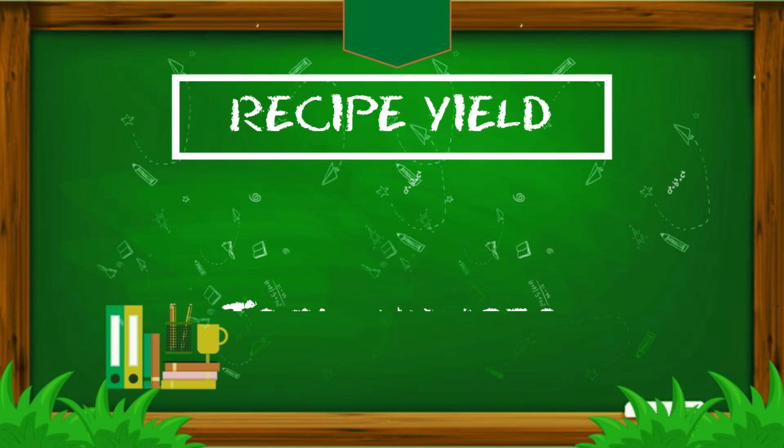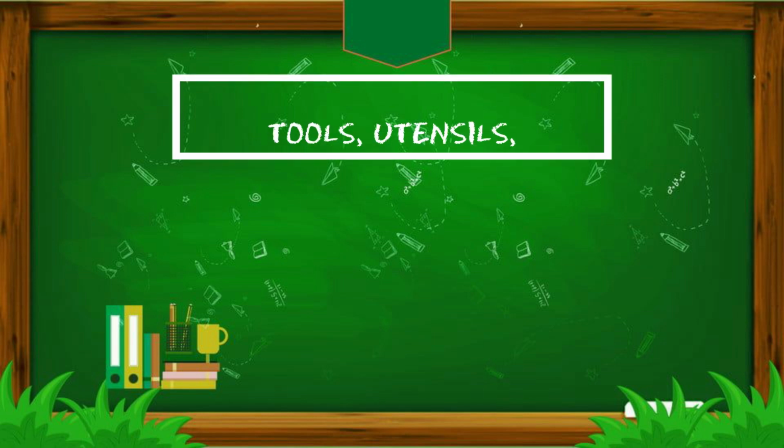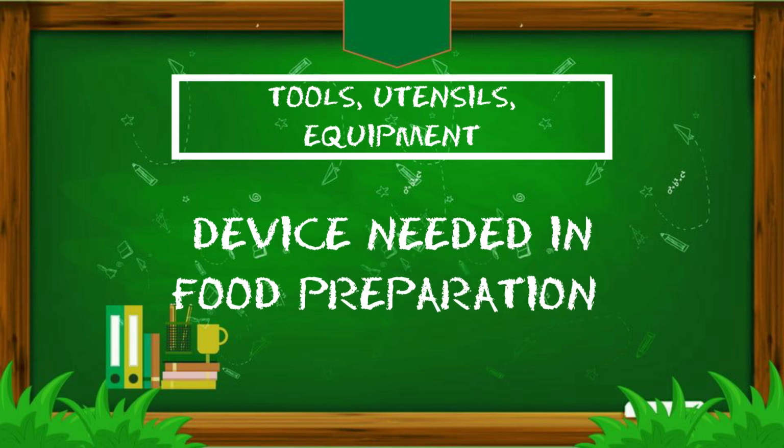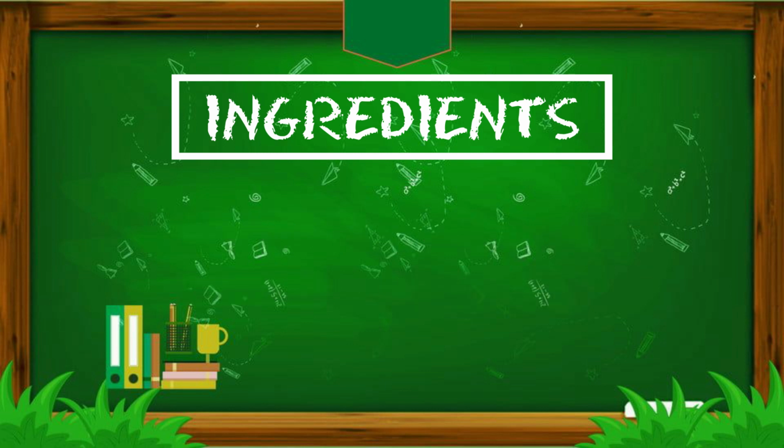Next is the recipe yield. These are the total number of servings. Next is the tools, utensils, and equipment. These are the devices needed in food preparation. Next is the ingredients. These are the raw materials used in the recipe.